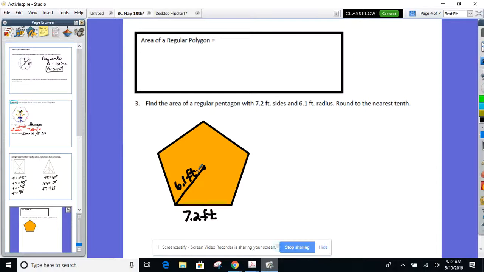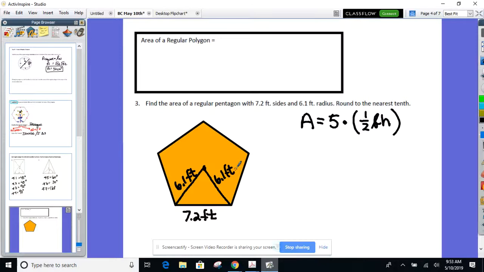We can make how many triangles? 5. And what's the area formula for one single one? 1/2 base times height. So I'm going to need your help right now doing one. So make one of those triangles right now. So draw in the other radius there, which is also 6.1.